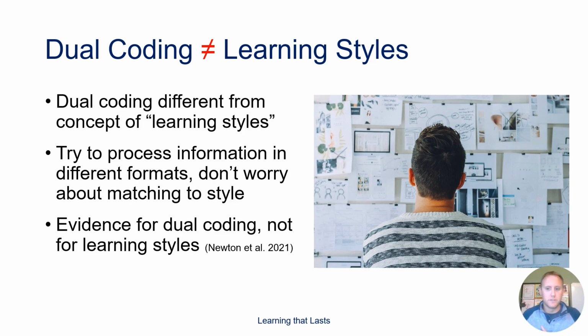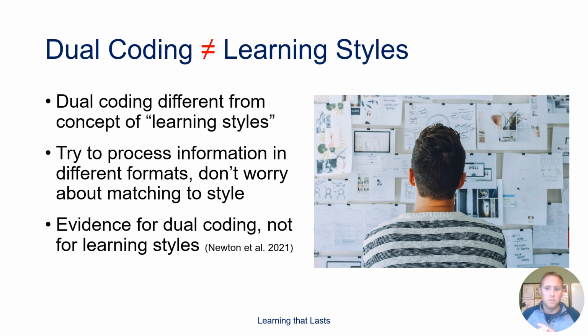Dual coding is a little different. It's not saying that you have a specific style that you should lean into. It's basically saying that we should process information in a lot of different formats, right? We should rely on text in some cases, but then we should mix that in with visuals like diagrams, images, maybe kinesthetic. If you can move through an activity or something like that, that may support other text.